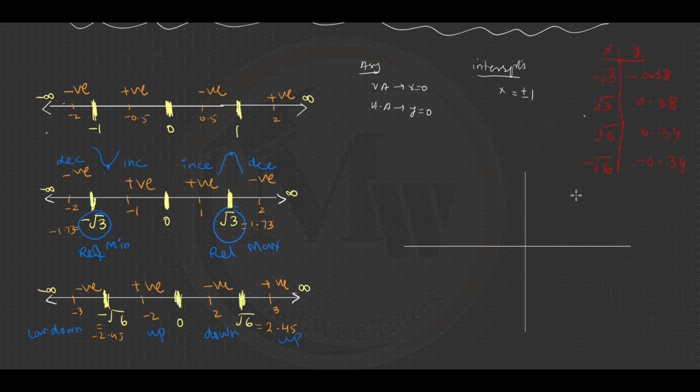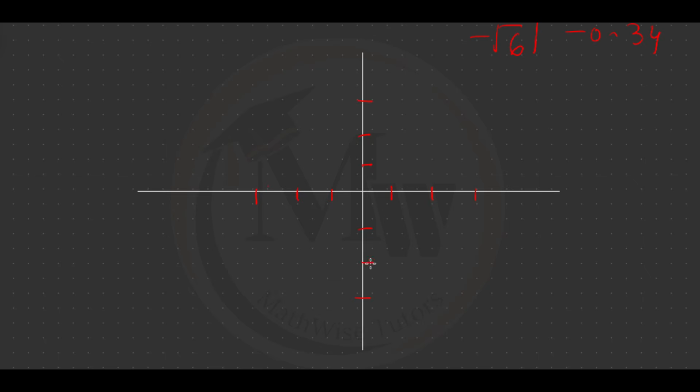Okay, so let's plug all these values into the function. First point is negative 1.73 and negative 0.38.